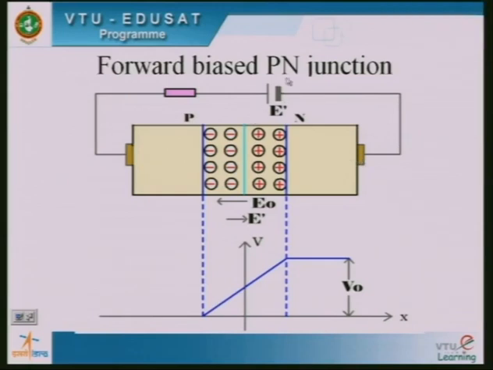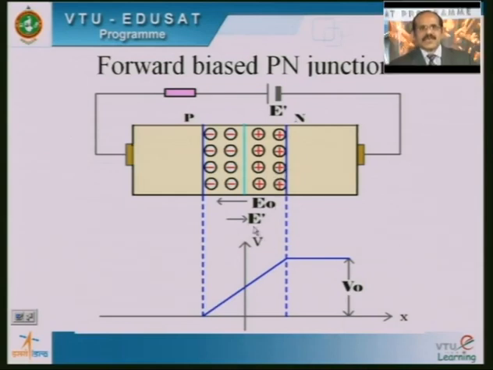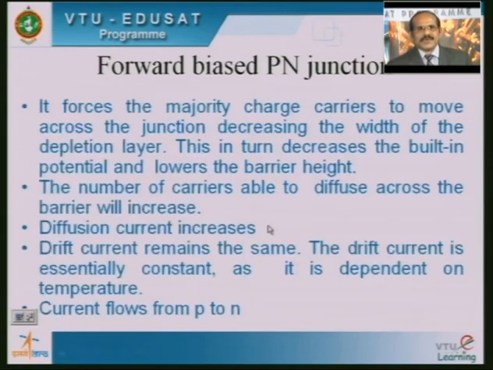So the PN junction is said to be forward biased, and accordingly a barrier potential exists across the PN junction diode. Please note that in forward bias, the applied battery voltage and the barrier potential act against each other.